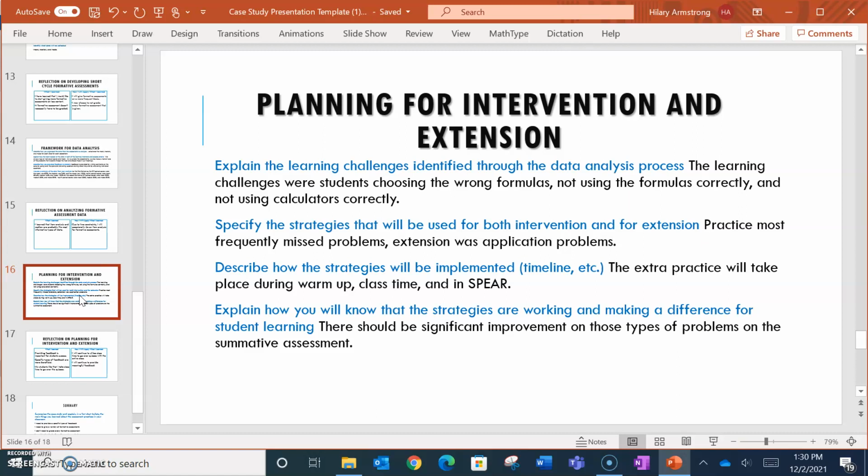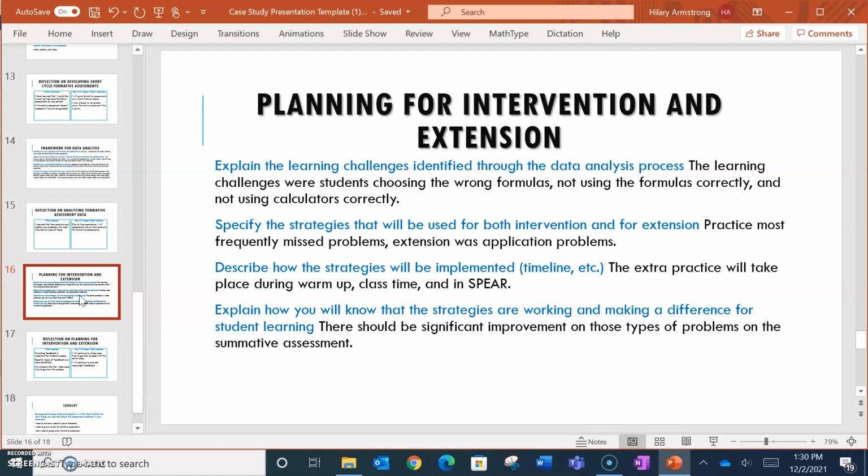SPEAR is a 40-minute time slot we have every day where students report to a different class period every day of the week. And that time is dedicated to remediation and extension. So we will utilize SPEAR to help remediate and extend. And then how will I know if those strategies worked?